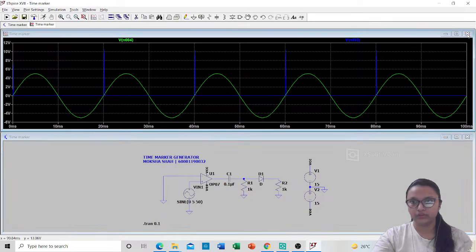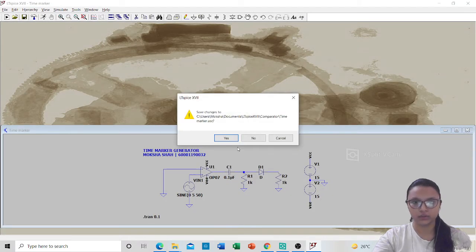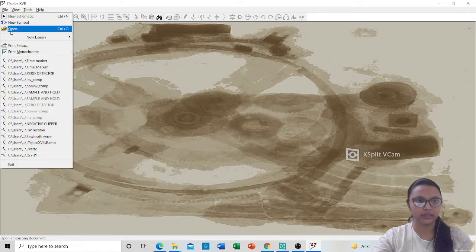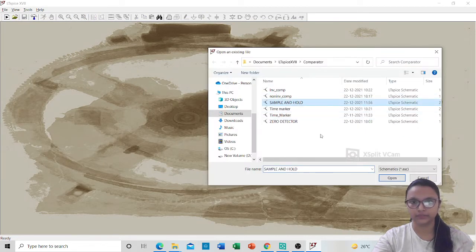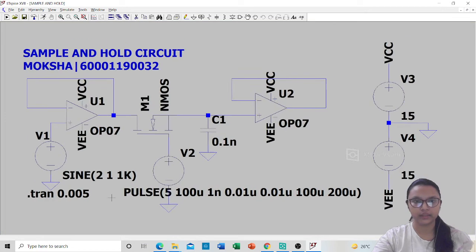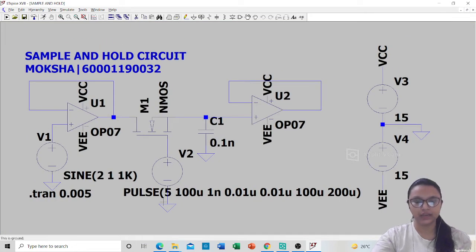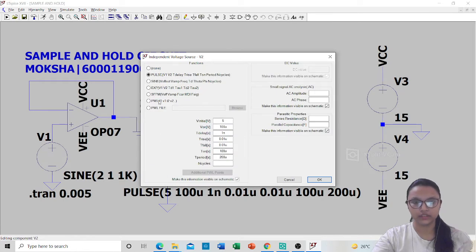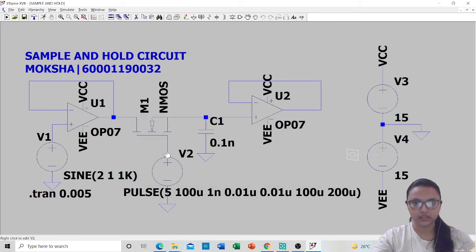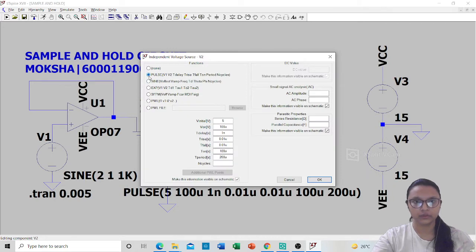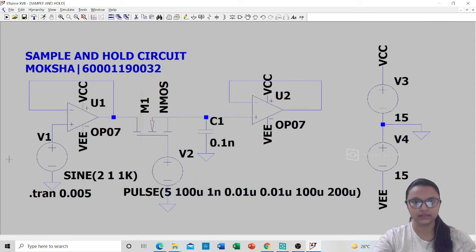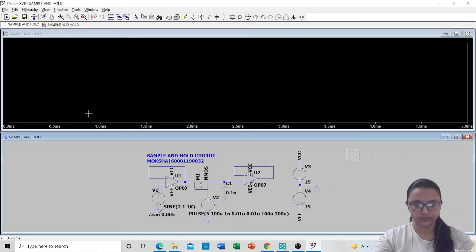I'll show you all the sample and hold circuit also. I've made the circuit already. So this is the sample and hold circuit. I've given a pulse. You can just right click on the voltage source, go to the pulse, give the values accordingly for the square pulses, and then run.